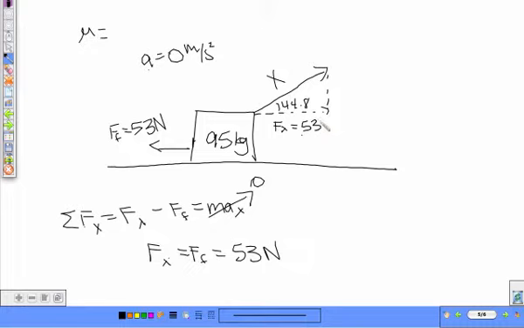So we have 53 divided by the cosine of 44.8, which is 74.7. There we go.